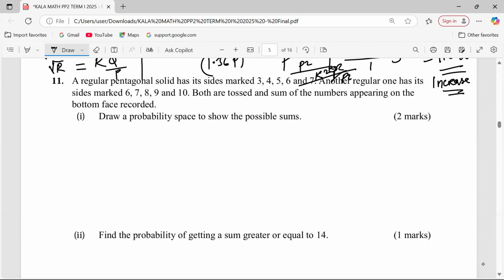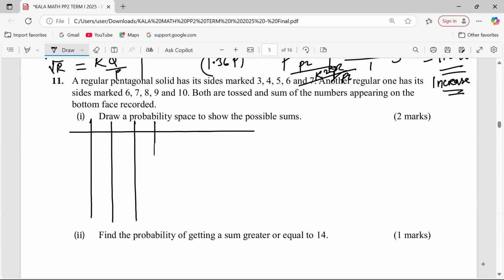So for us to show the possible outcomes, we draw a probability space. So we can have the first one. Remember, it's pentagonal, so it has 5 faces: 1, 2, 3, 4, 5.